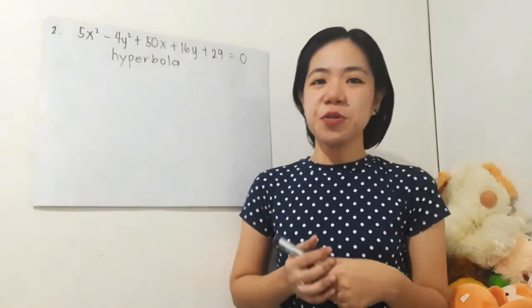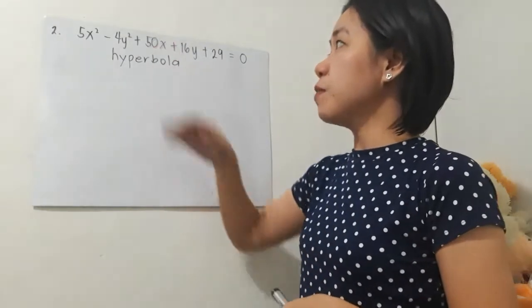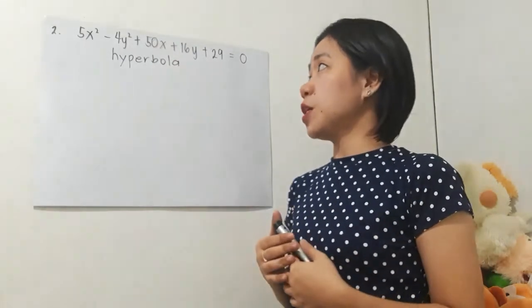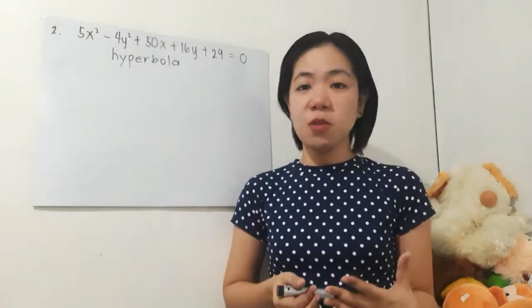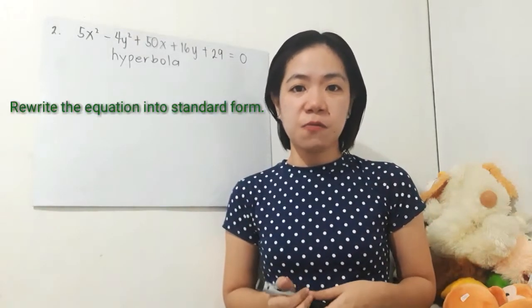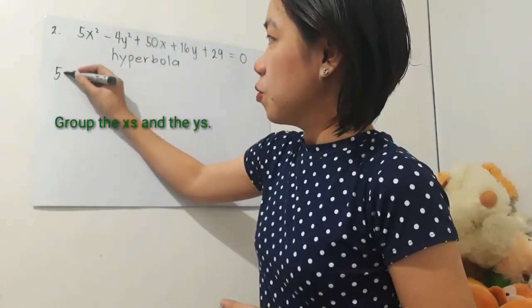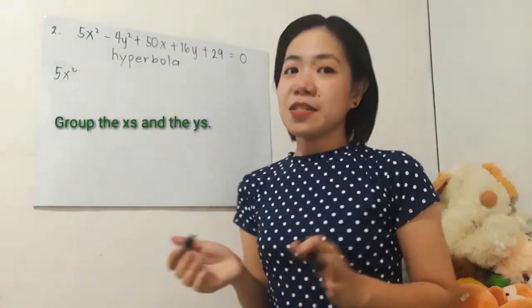Alright, so for number 2, the given is a general equation of a hyperbola. So we have 5x squared minus 4y squared plus 50x plus 16y plus 29 equals 0. Now we have to rewrite this first into its standard form. So we begin by grouping the x's and the y's.